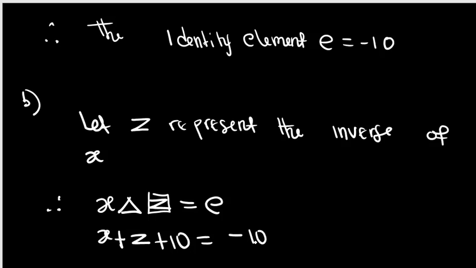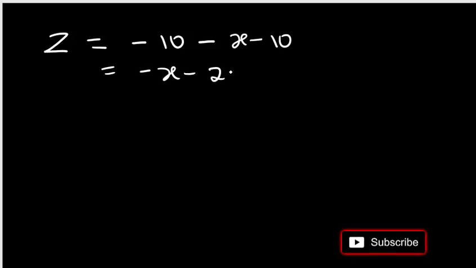So Z is equal to negative 10 minus x minus 10. This gives us minus x minus 20.